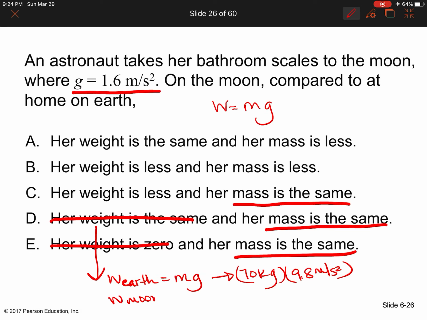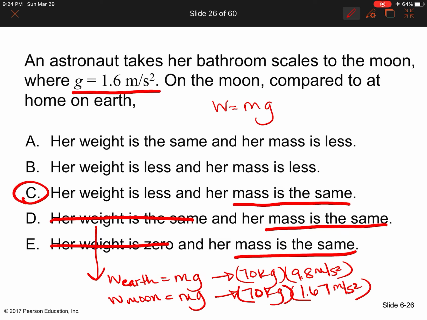Whereas her weight on the moon is now, her mass does not change, but the gravitational acceleration on the moon is 1.67. It doesn't say the 7, but meters per second squared. Okay, so her weight is less, and her mass is the same.